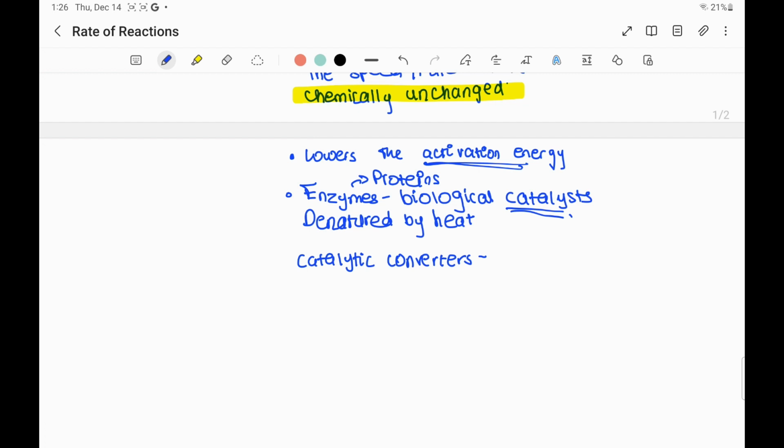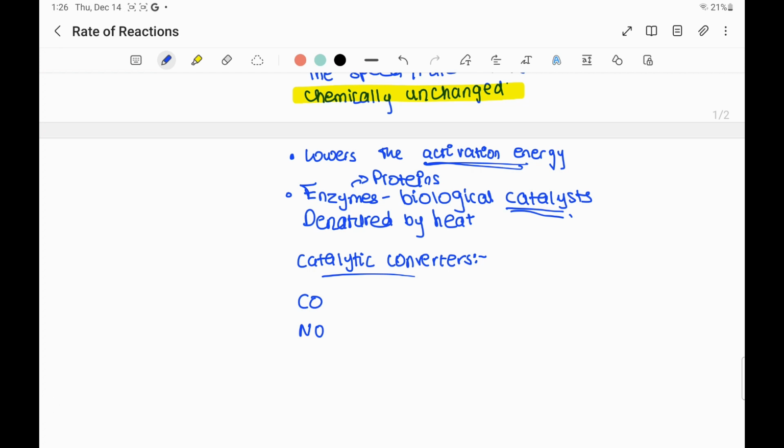And it is actually law for them to be installed in most countries, so a car cannot not have a catalytic converter, because car exhaust fumes contain gases like carbon monoxide, nitrogen monoxide, and unburned hydrocarbons.